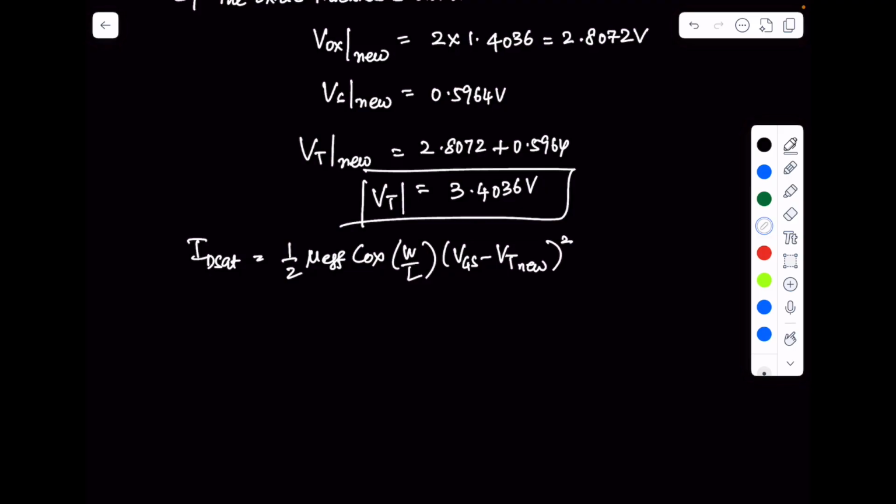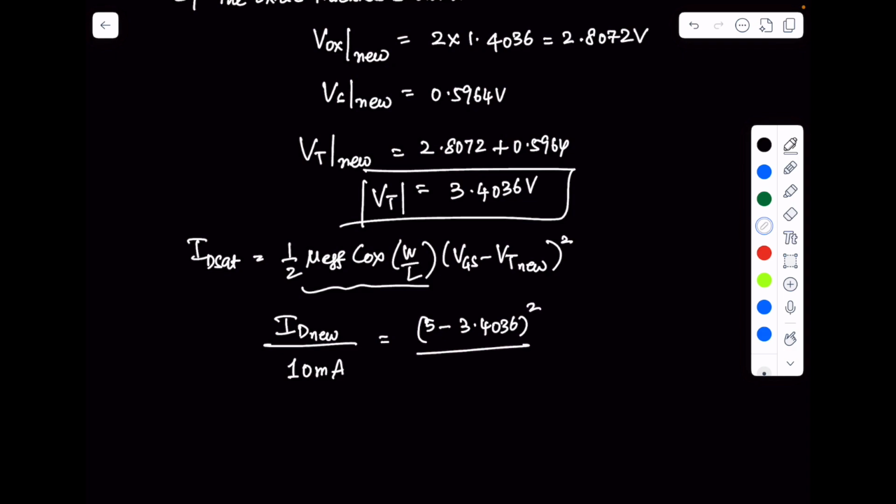So if everything else remains the same, your ID new divided by 10 milliamps, which is what the current was in the figure in the question, should be proportional to 5 minus this new Vt, 3.4036, the whole square, divided by the old version, which is 5 minus 2 the whole square.